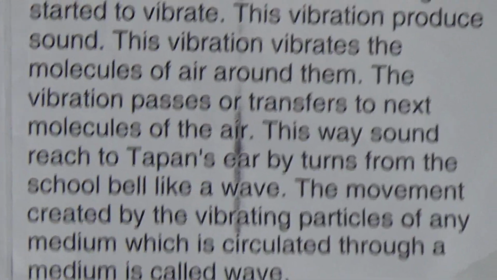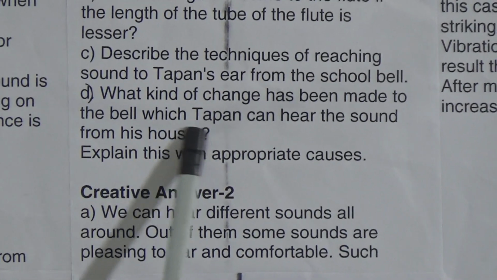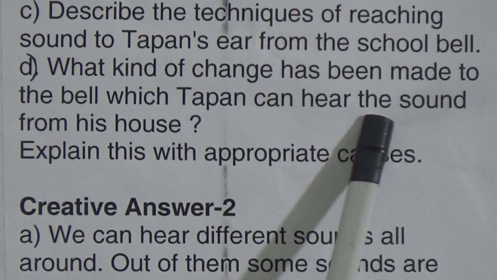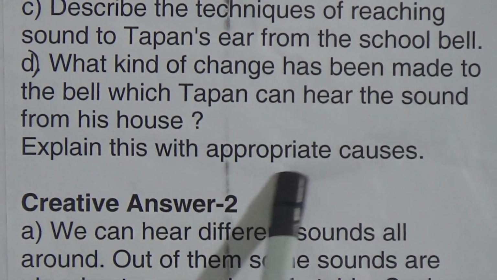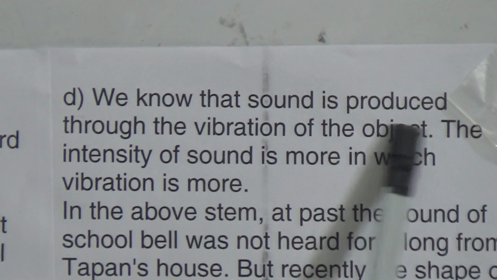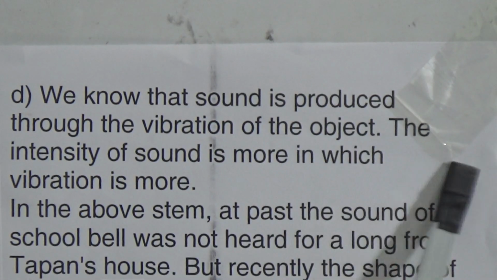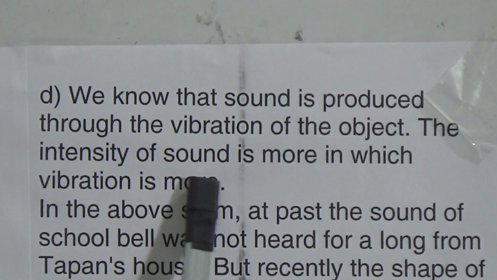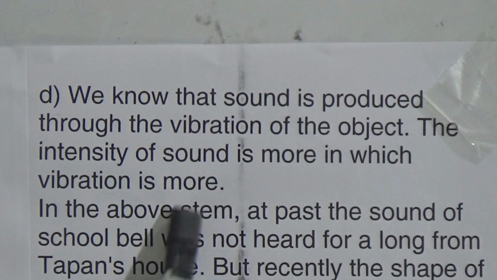Now D number question was, what kind of changes has been made to the bell by which Tapan can hear the sound from his house? Explain this with appropriate causes. The answer is, we know that sound is produced through the vibration of an object. The intensity of sound is more where vibration is more.